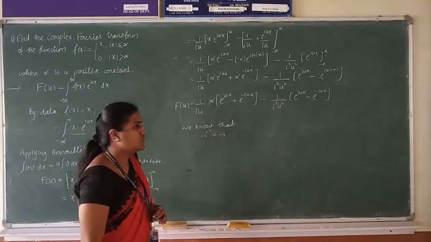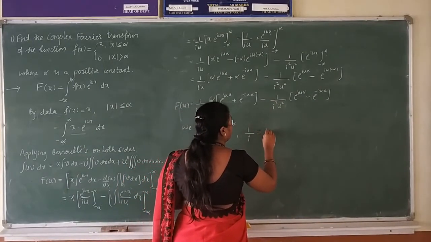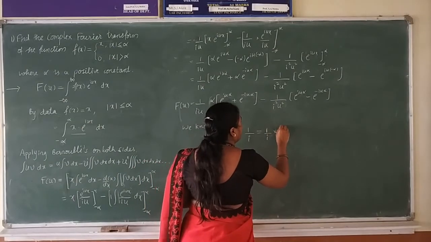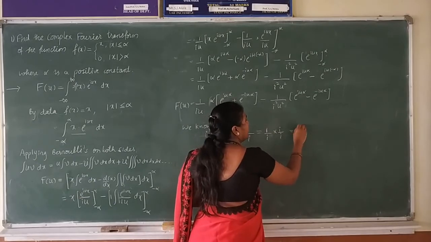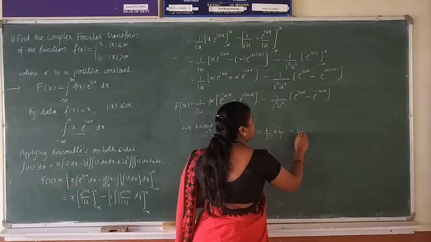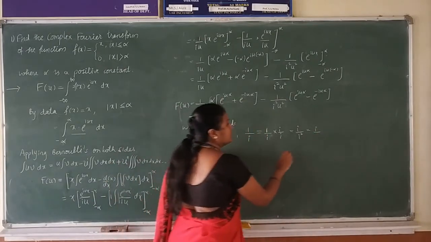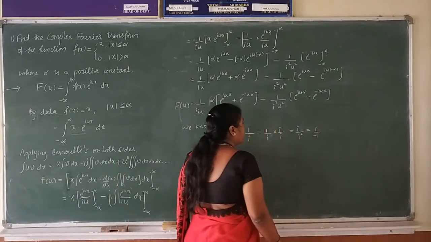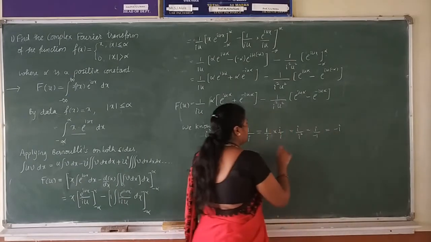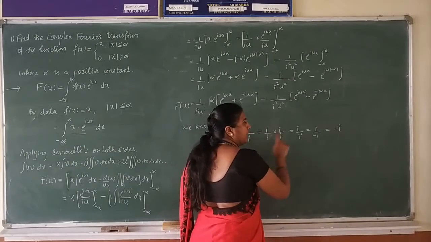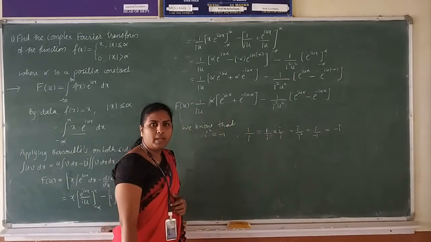Now I am going to find the value of 1 by i. For this, multiplying and dividing by i, that is equal to i into 1 upon i into i square, and the value of i square is minus 1, which is equal to minus i. The value of 1 by i is equal to minus i, and the value of i square is equal to minus 1.